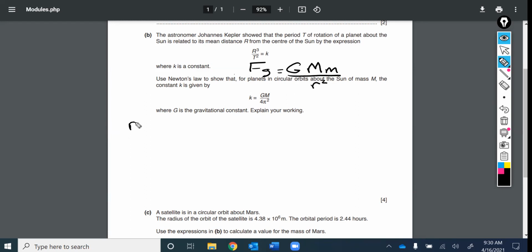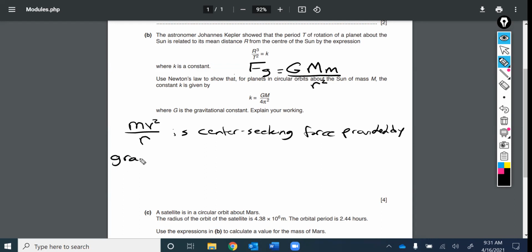So for something to move in a circle, it has to be pushed towards the center of the circle. That's called a centripetal force, and we know that that centripetal force is equal to mv squared over r. So we can say mv squared over r is the center seeking or centripetal force provided by gravity, which is GMm over r squared.